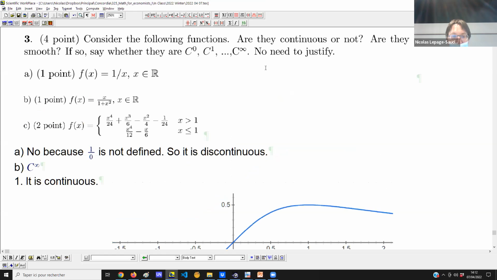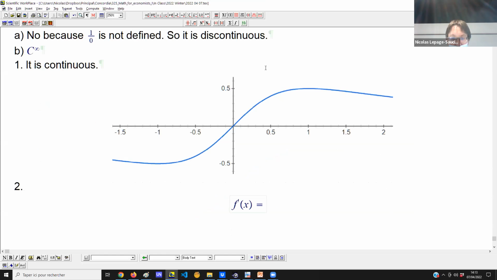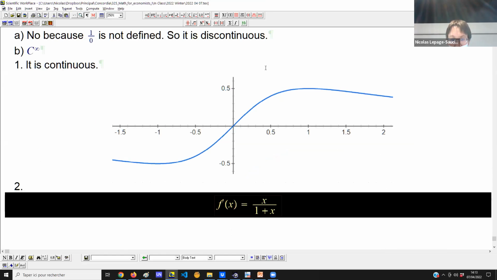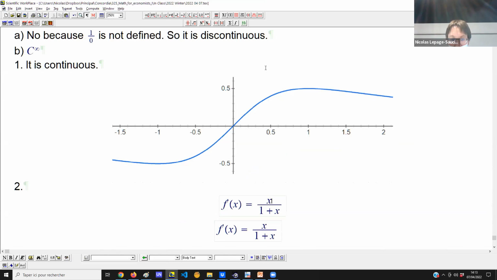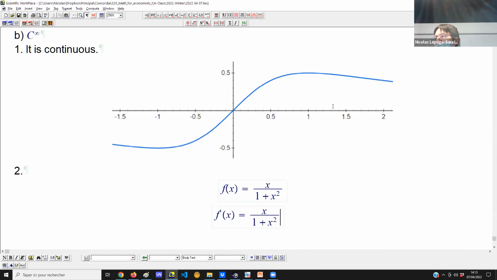So this is x. So do you remember how we do divisions? Of course, please learn this for the exam.